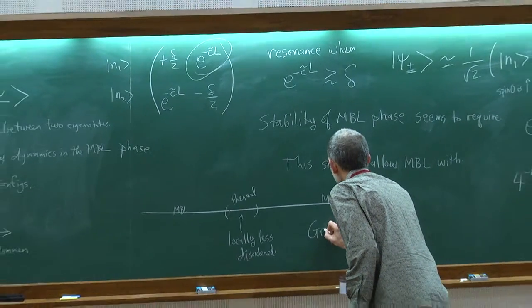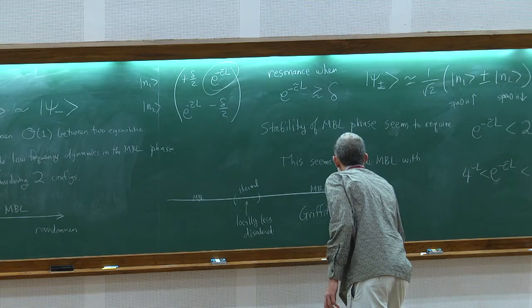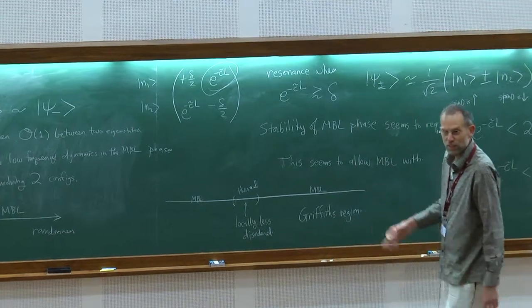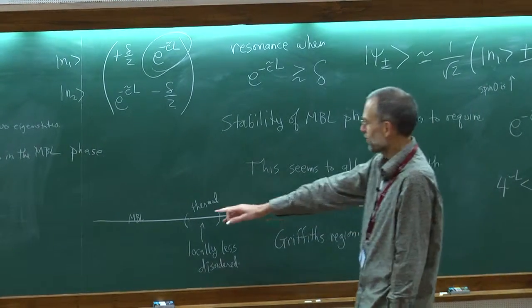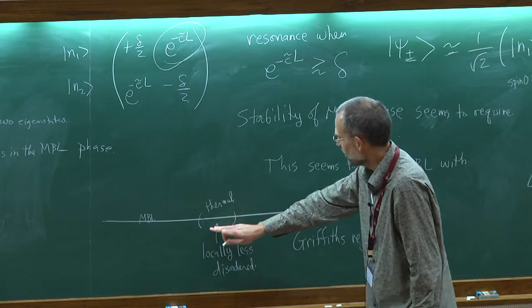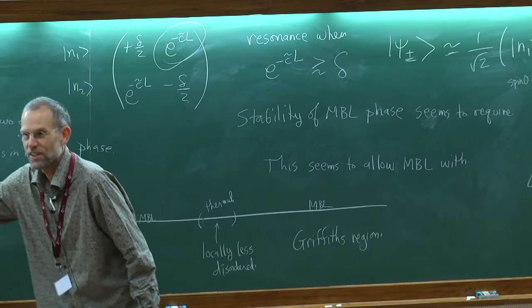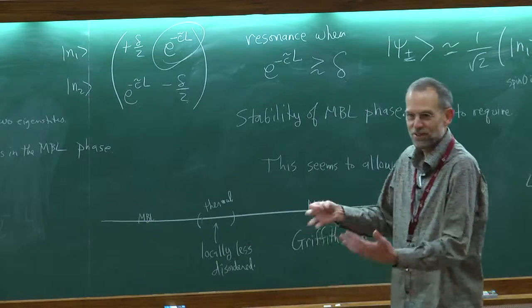This is what we call a Griffiths region, after Bob Griffiths' paper, where he talked about effects in statistical mechanics of random systems due to rare regions. And a Griffiths region is basically a little region of the sample which is trying to be in the other phase, on the other side of the phase transition, but it's just of finite size, so it can't really do it.